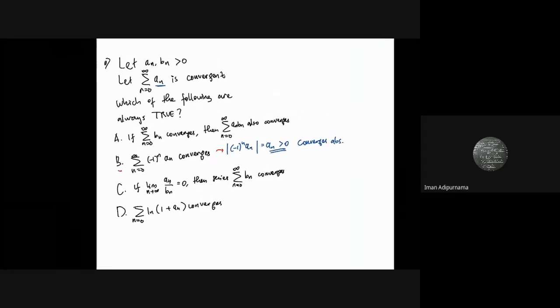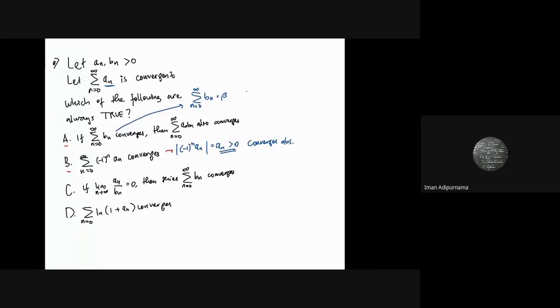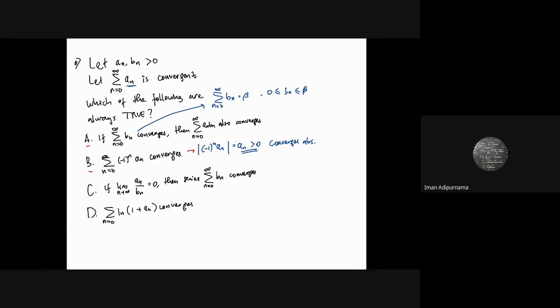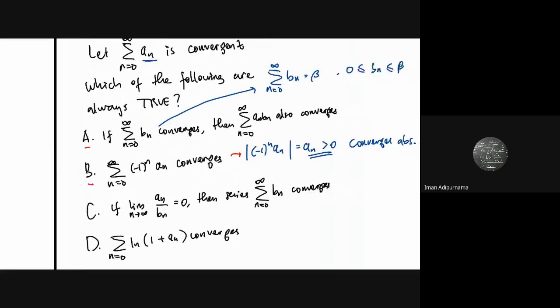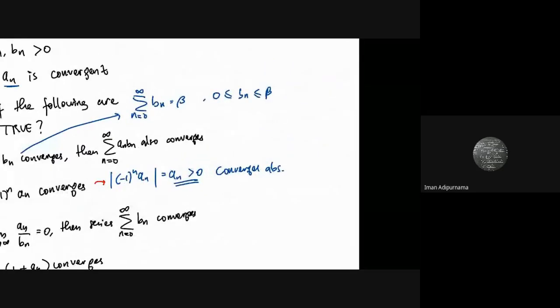And for A, for example, let this series equal some constant. It has a constant value for the series. Option A says that if bn is converged, then we can assume that it has some constant value there.